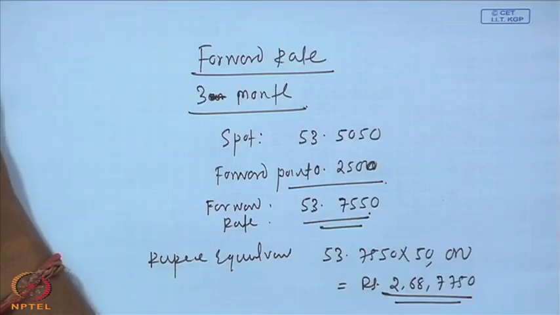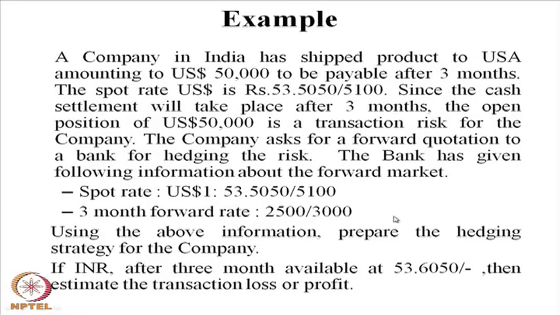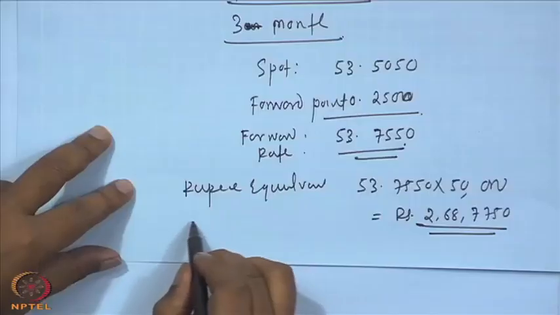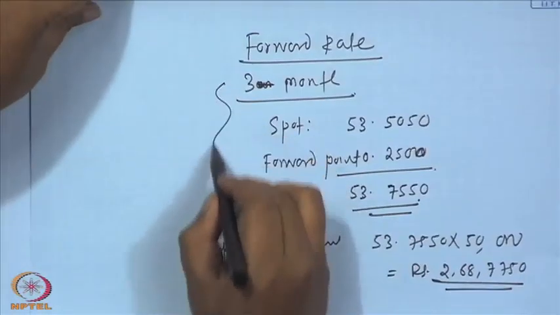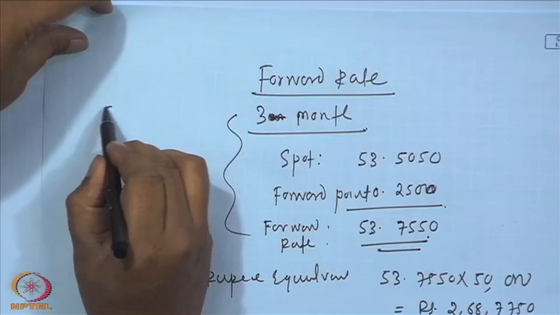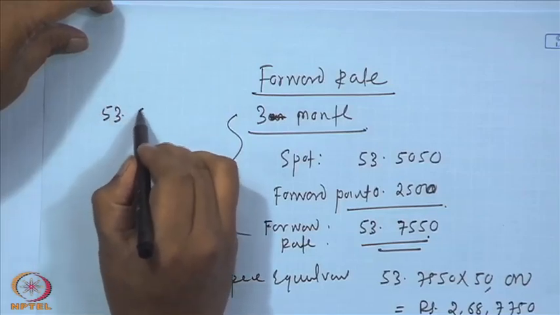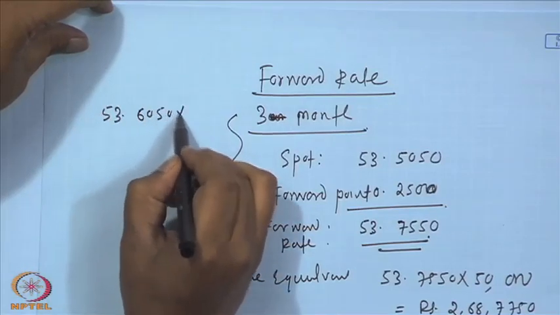But we have been given a rate, that is if after 3 months rupee remains at 53.6050, is there any transaction loss or profit. Now, using this rate you can calculate the rupee equivalent: 53.6050 into 50,000.